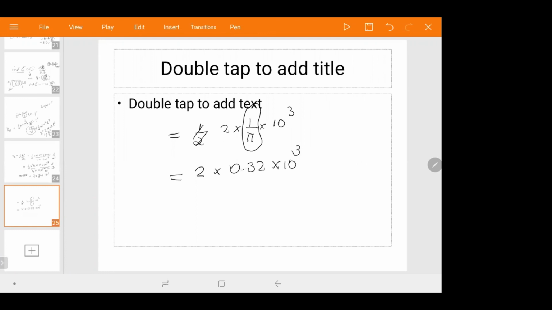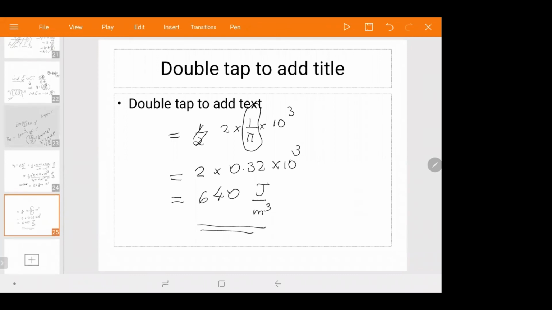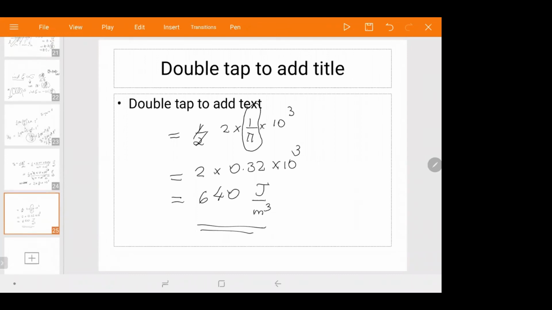So 10 to the power of minus 2 from here, 10 to the power of positive 3 here, you get a 10. 2 times 32 is 64. 64 times 10 gives you 640 joule per cubic meter. This is the correct answer, not the one given in the notes or in what is sent to you. You can correct it.